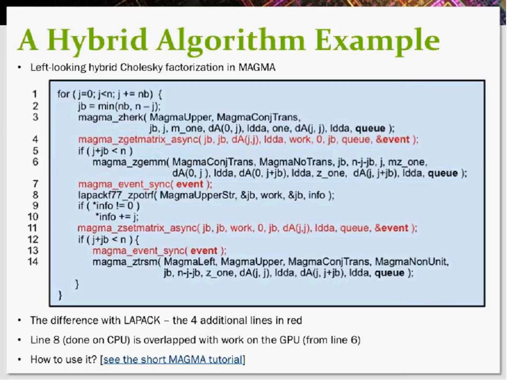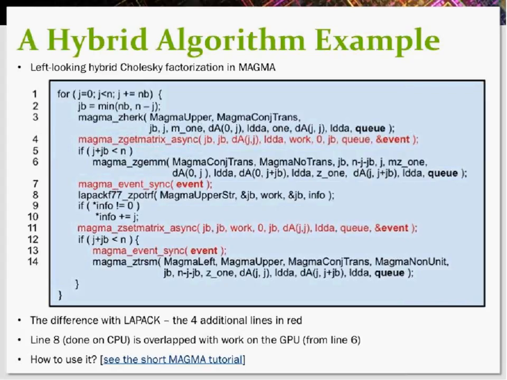So in this case, I'm showing the representation. If only the code in black, these would have been the LAPACK code. When the line is in red, this is what makes this code hybrid.